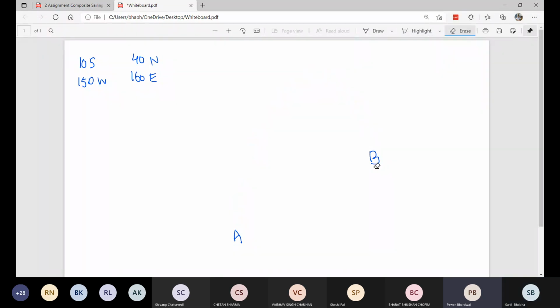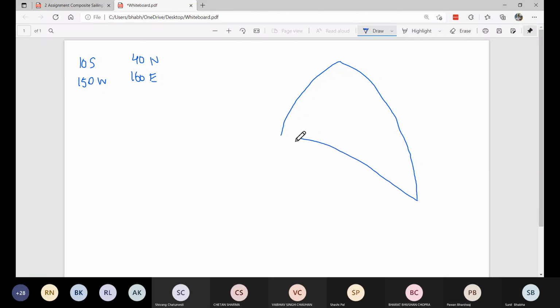Yeah, that's right. So this is how the diagram must be coming up, beta. Yes, sir. Very good.